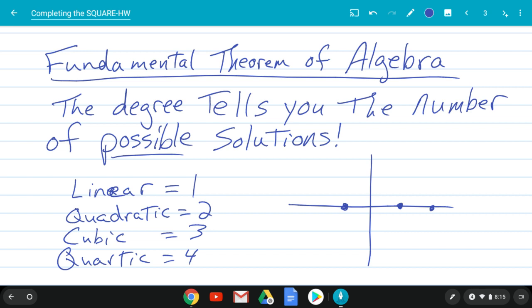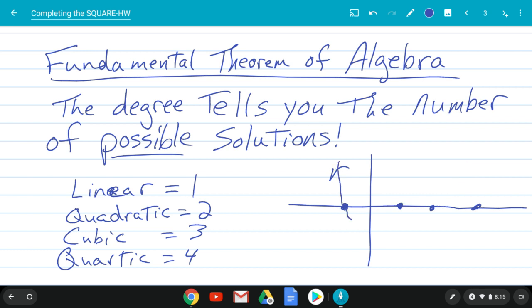One more. How about a quartic? Watch this. Here's a quartic. How many solutions does that have? 4. Could I have a quartic that looks like this? How many solutions does it have?